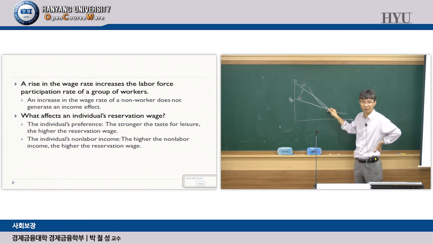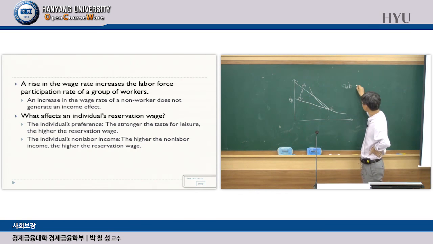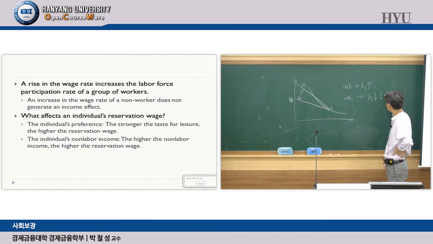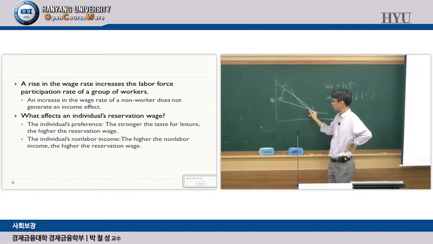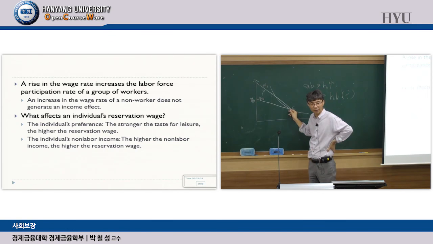Think of the income and substitution effect. By the substitution effect, will this person work more or less? The wage goes up, so work more. How about the income effect? Work less, it seems, but does this person have an income effect?